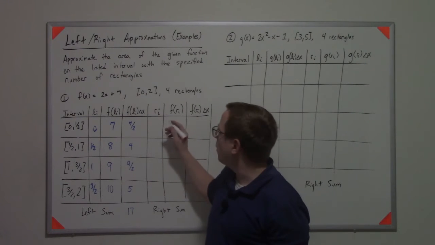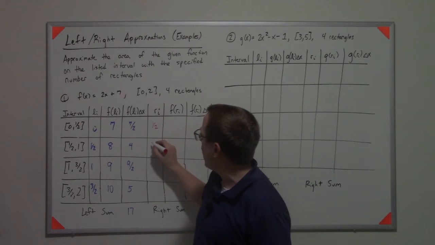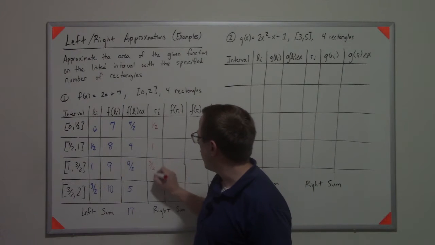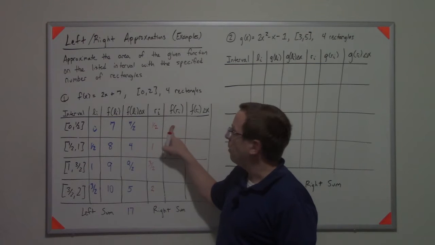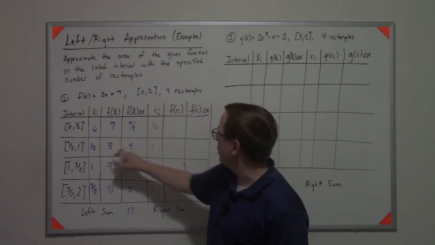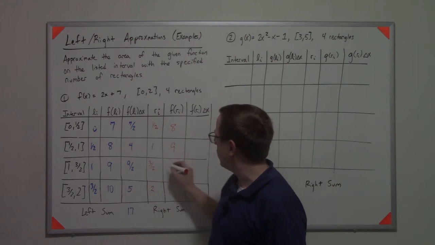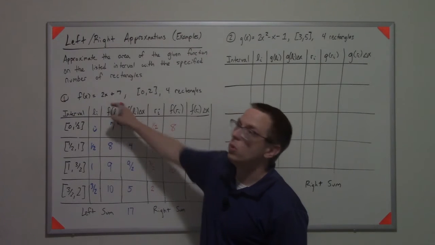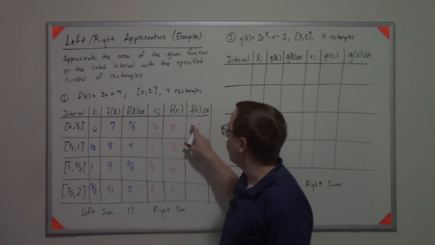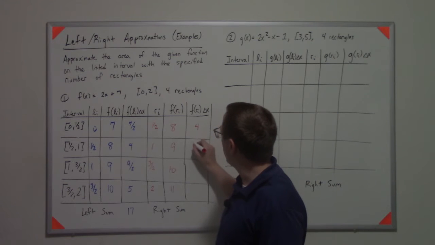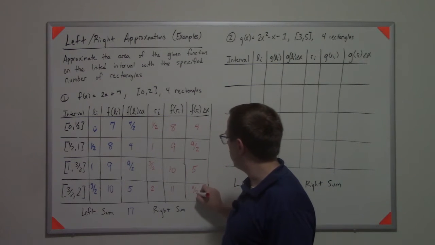Next, we're going to evaluate the right-hand sum. So the right endpoints are 1/2, 1, 3/2, and 2. If we evaluate the function at 1/2, we've already done that, it's 8. At 1, it's 9. At 3/2, it's 10. And at 2, we get 11. Now we need to multiply this by 1/2, so that's 4, 9/2, 5, 11/2.